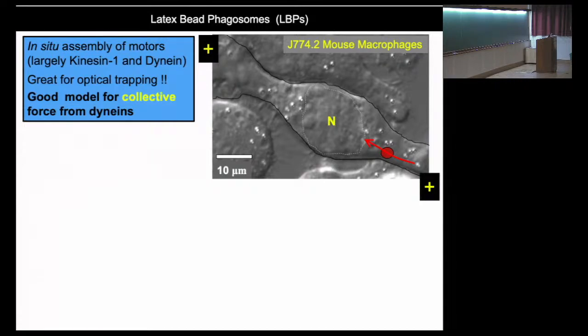That is not true when something is moving inside cells, because the object is already moving. Suppose something is moving at 1 micron per second velocity, which is a fairly high velocity, and you want to trap it right here. It is not easy to focus the laser beam on exactly the center of that spot.